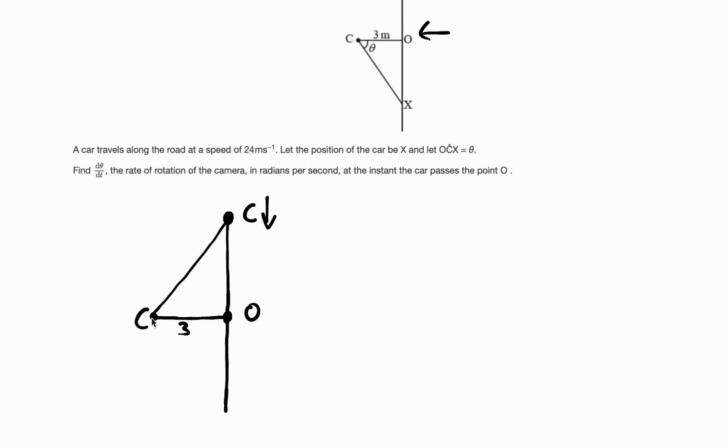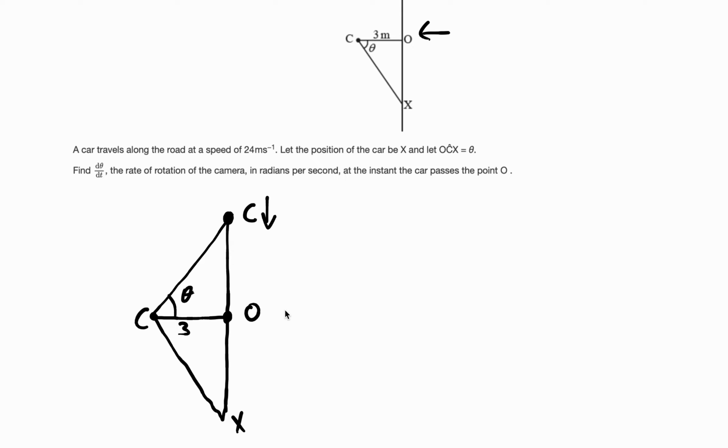We have a right angle there and there's a right angle there. The car is moving downwards. I want to find the rotation of this camera at the instant where it is at this point O.